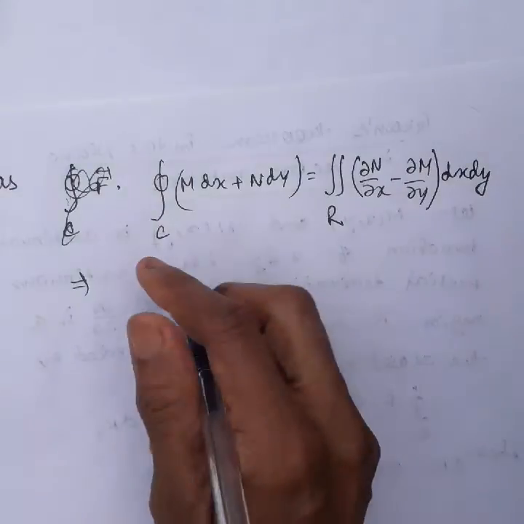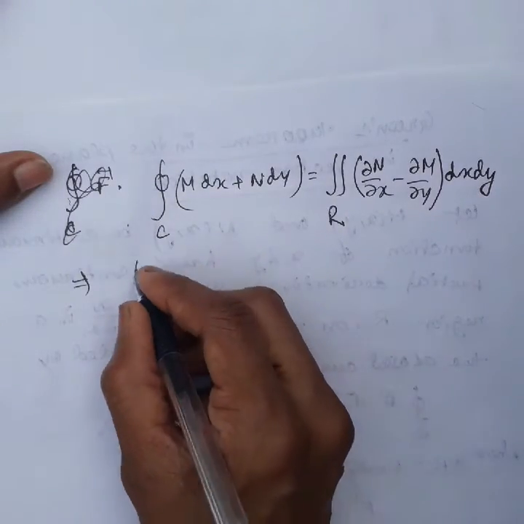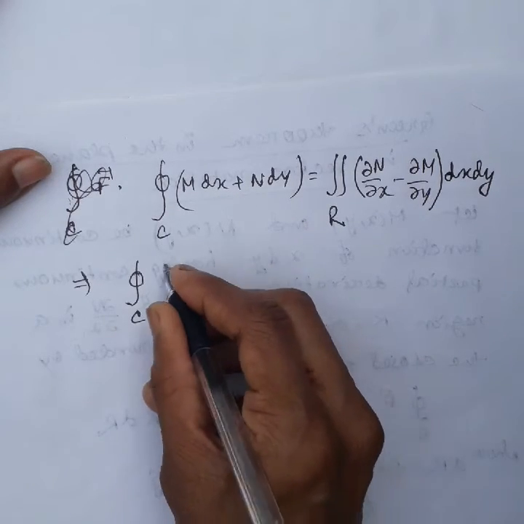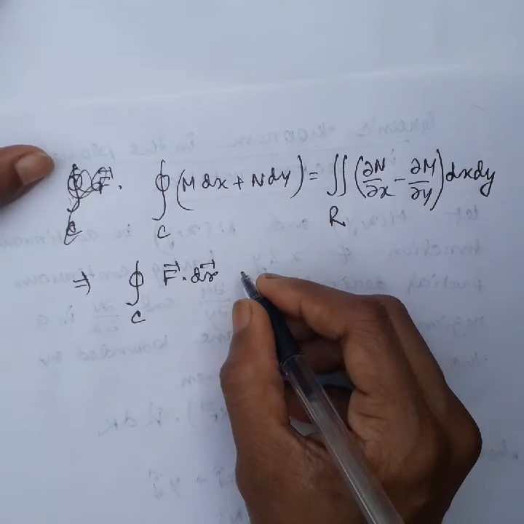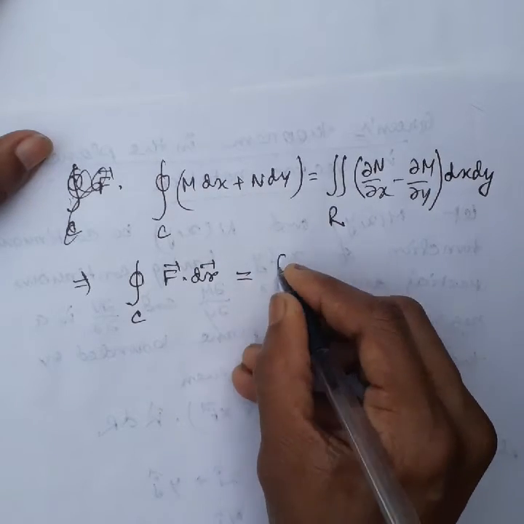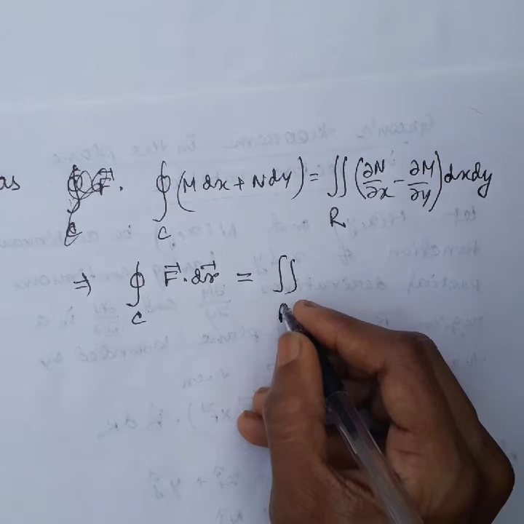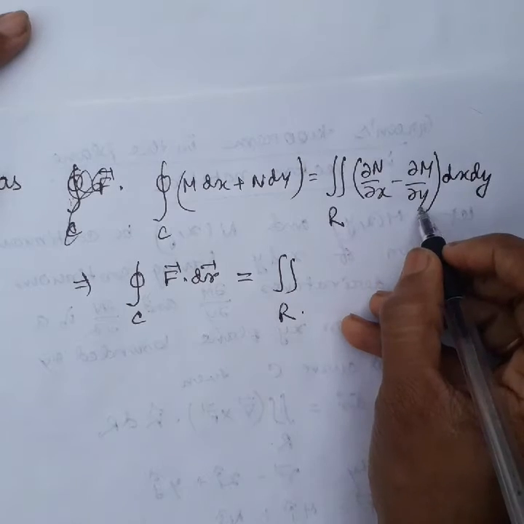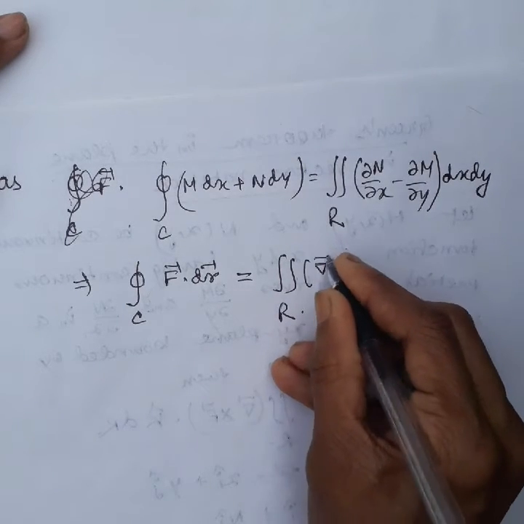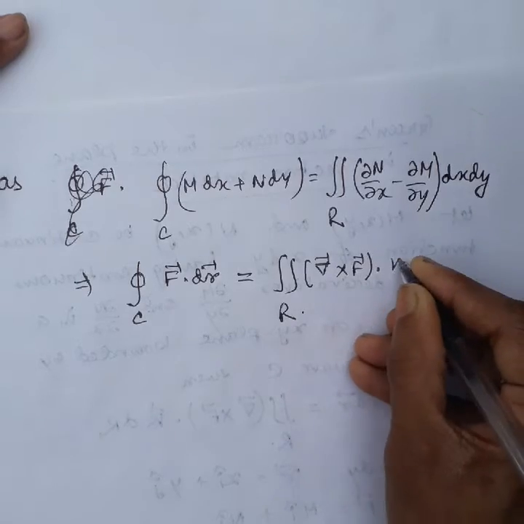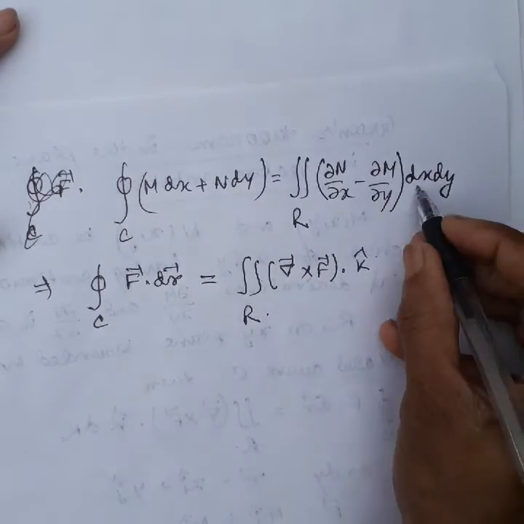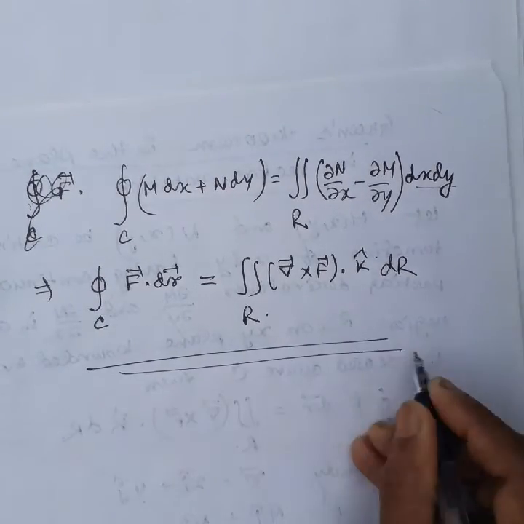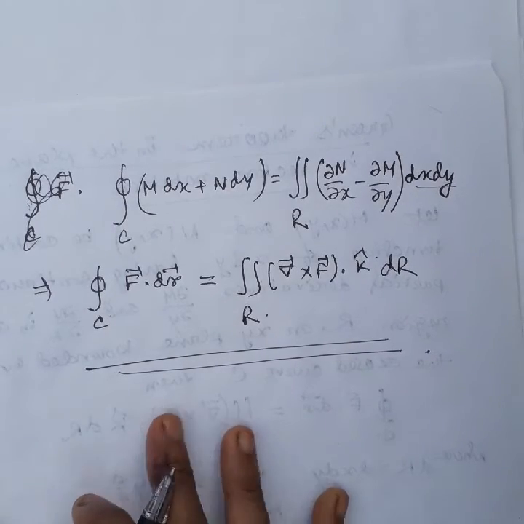So from here, m dx plus n dy means f dot dr, the dot product of f and dr. This equals the double integration over the region R, and del n del x minus del m del y means grad cross f dot product with k, and this is dr. So this is our Green's theorem in vector notation.